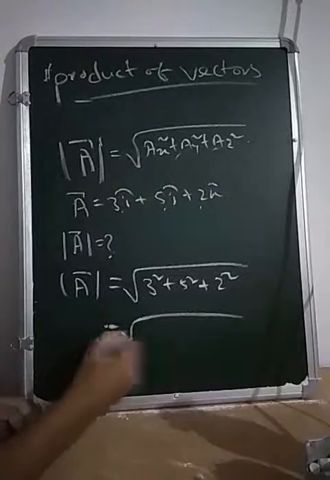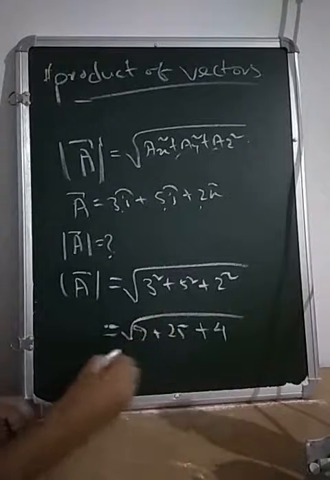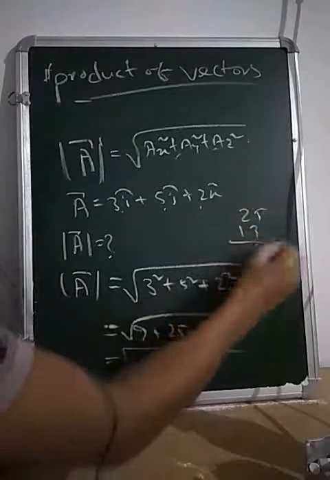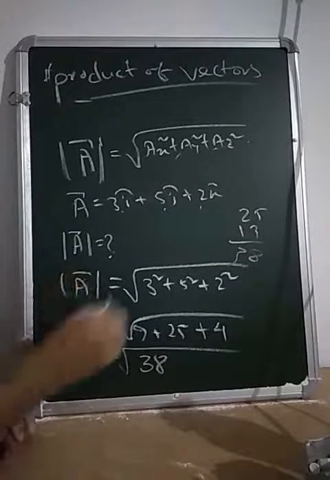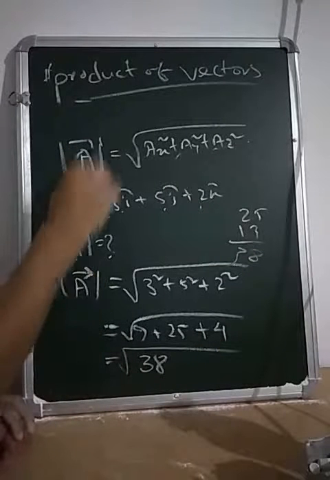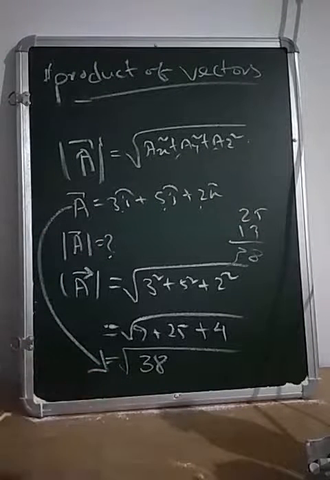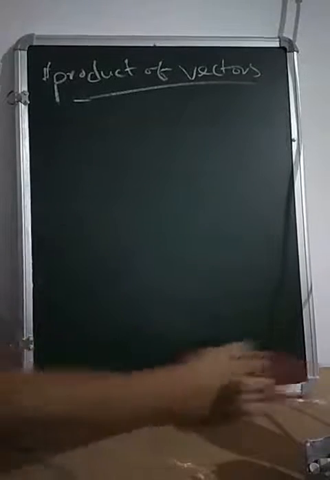So it will be 9 plus 25 plus 4, which is 38. So the magnitude of vector A is what? Root over 38. Okay, so this is how we deal with vectors, and this is how we perform dot product.